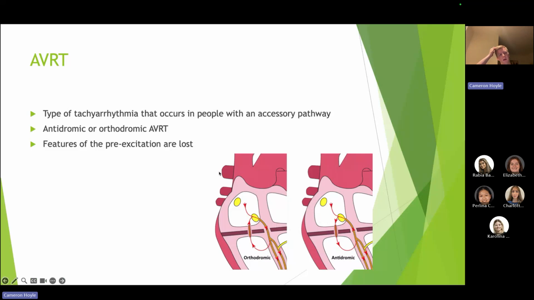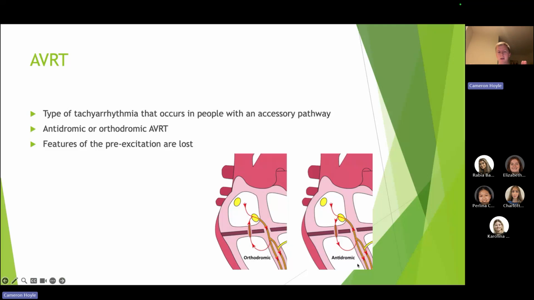What you'll note with Wolff-Parkinson-White syndrome, and I think we've got an ECG a little bit later on, is this pre-excitation, which you'll have all seen and read about in the textbooks, where you get this sort of scooped, really short PR interval, with a scoop up towards a QRS complex because there's a bit of pre-excitation of the ventricles.